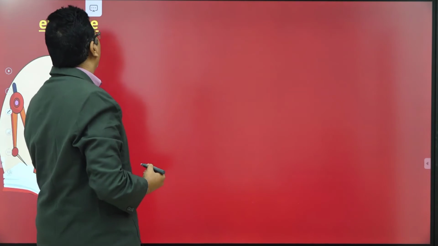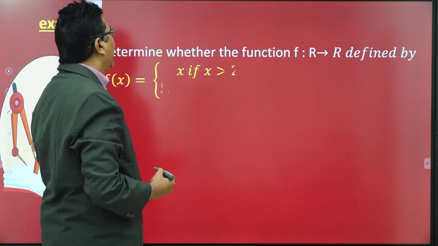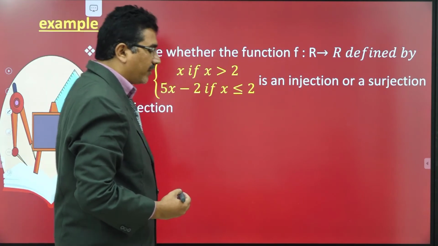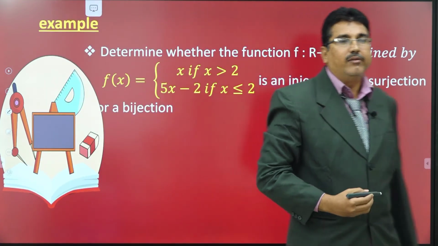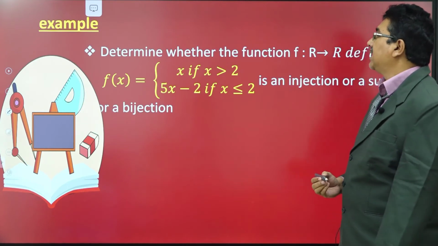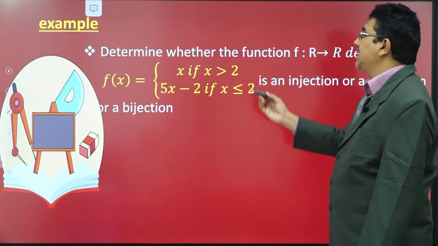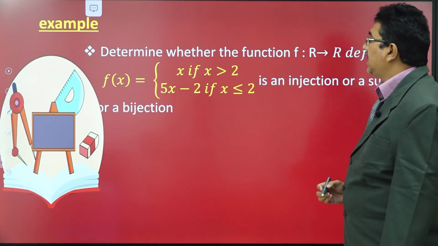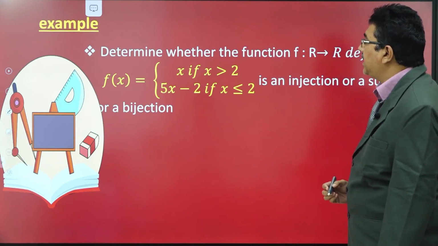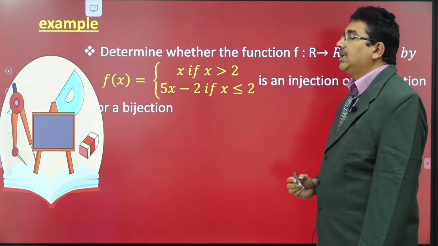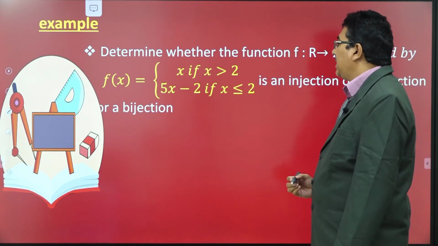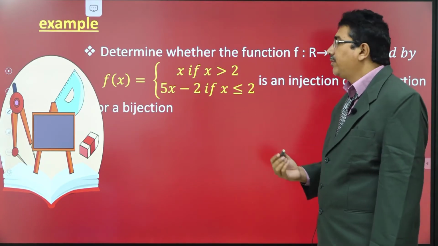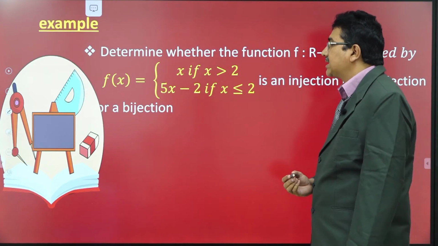Now an example. Determine whether the function f mapping from R to R defined by f of x is equal to, okay, this is called a piecewise function. If x is greater than 2, the image of f is x. If x is less than or equal to 2, the image of f is 5x minus 2.